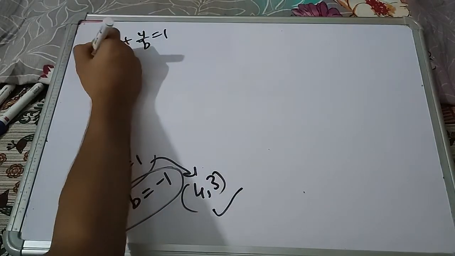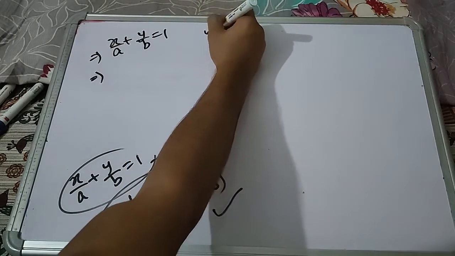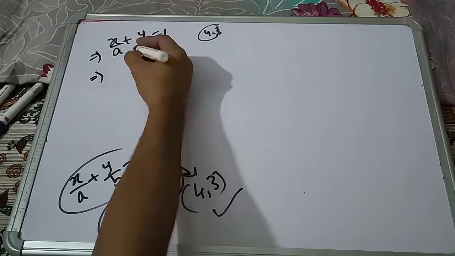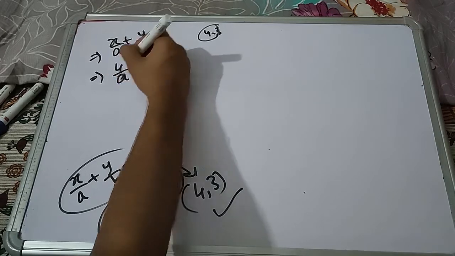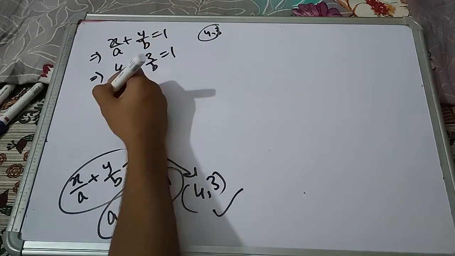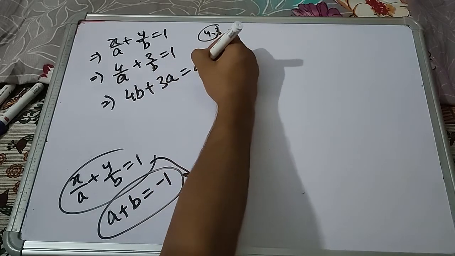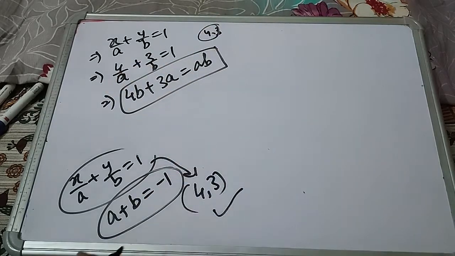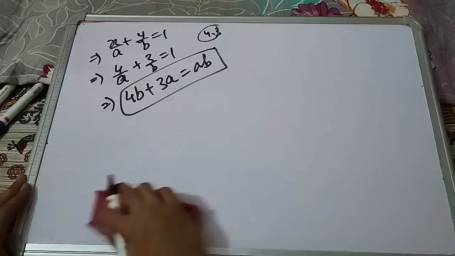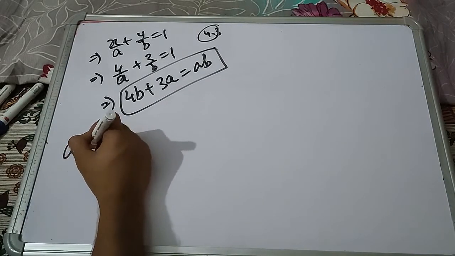This passes through 4 comma 3. Therefore, if we insert 4 comma 3, this should satisfy. That is 4 by a plus 3 by b equals 1. Therefore, 4b plus 3a equals ab. This is one relation. And a plus b equals minus 1.